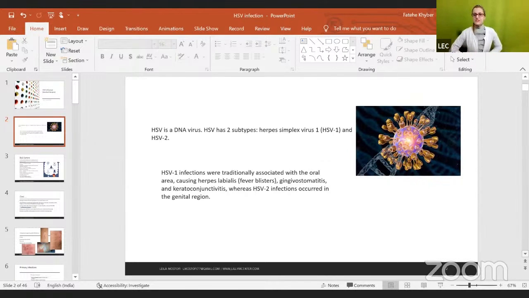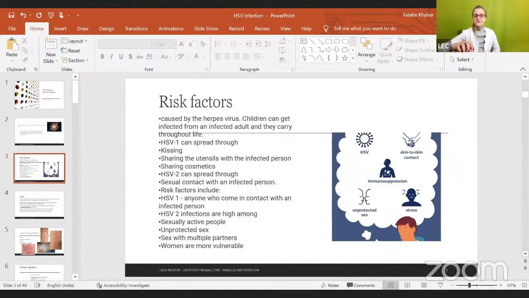What is HSV1 infection? HSV1 infections are traditionally associated with the oral area, causing herpes labialis, fever blisters, and some gingivitis and keratoconjunctivitis, whereas HSV2 infections occur in the genital area.